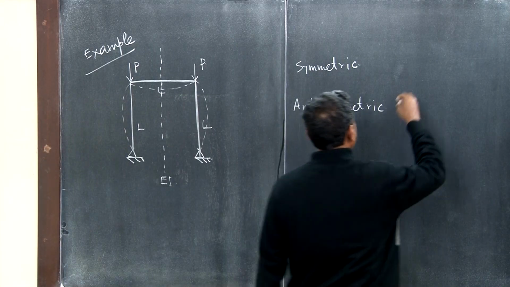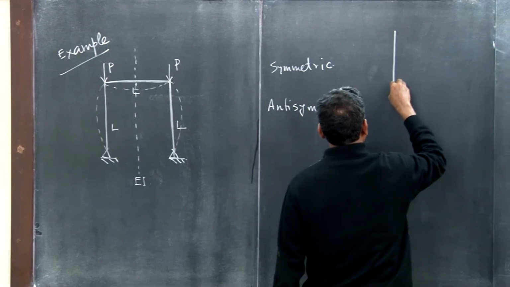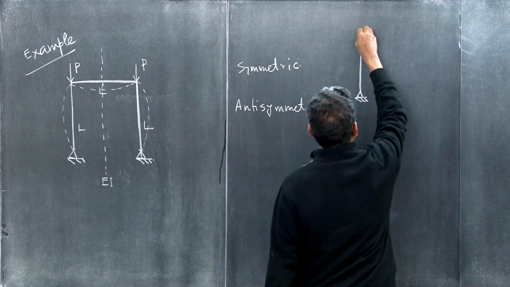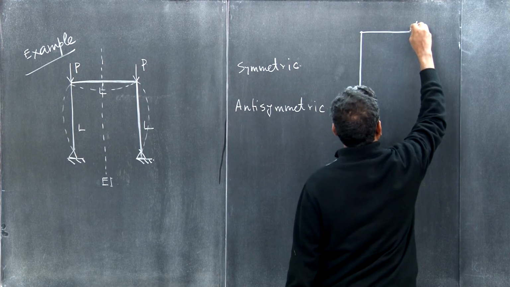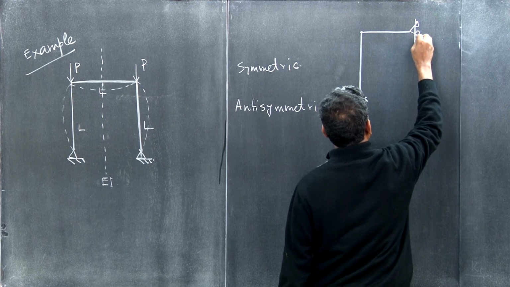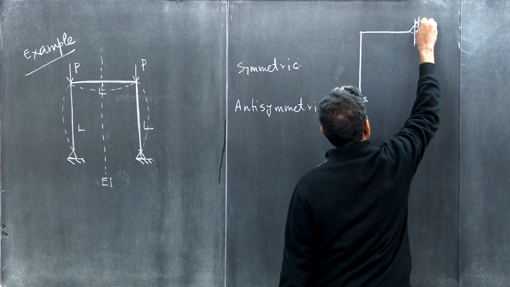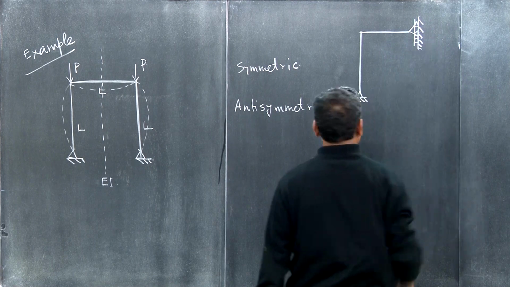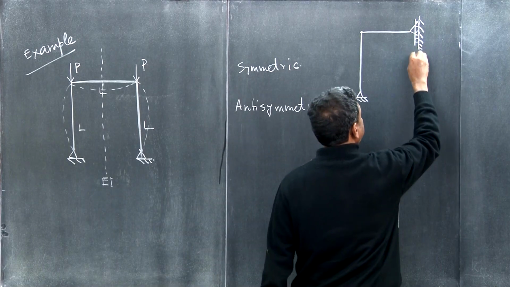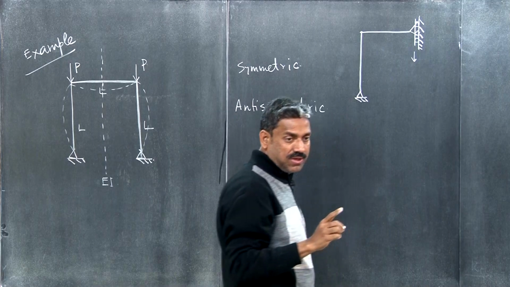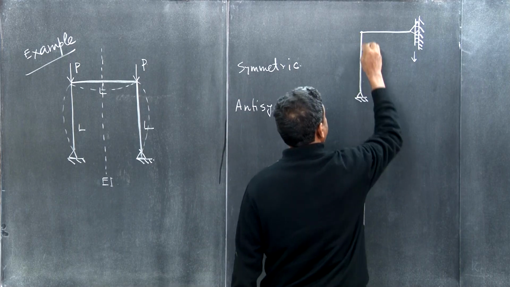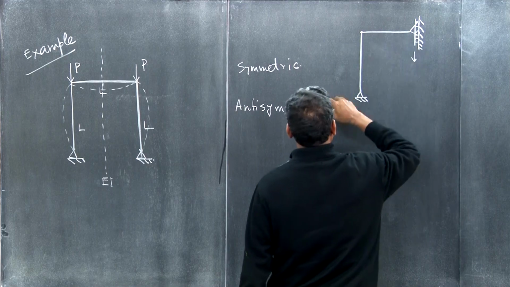For the symmetric one, we can approximate this frame like this, where we can allow vertical deflection but restrain horizontal. So we can provide a shear hinge over there, where the vertical deflection is allowed but no rotation. Okay, so this is the idealization, where we are exploiting symmetry for half of the frame.